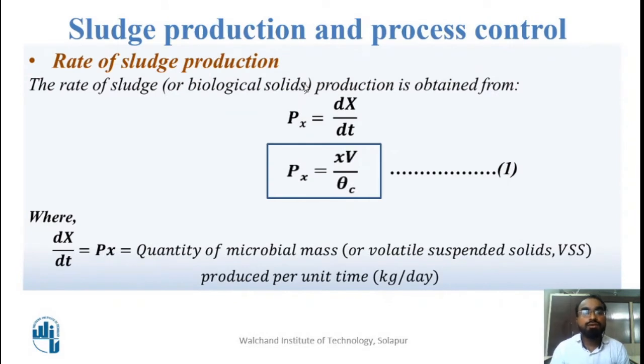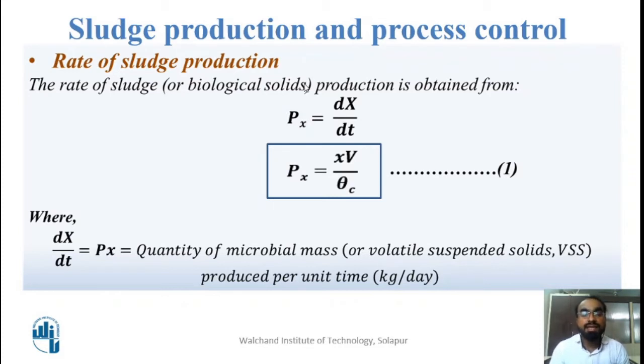Now talking about the rate of sludge which is being produced, it will be directly proportional to Px. Here Px is the quantity of microbial mass or volatile suspended solids which is produced per unit time in the biological reactor. So we can write Px is equal to dx upon dt.